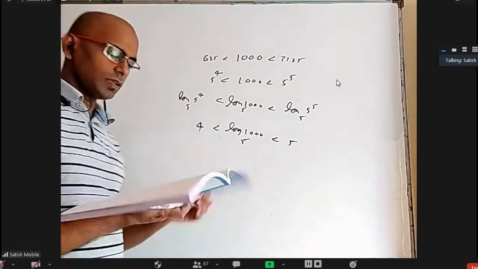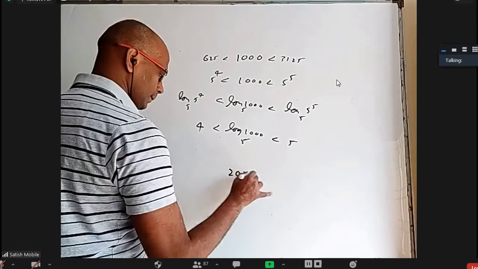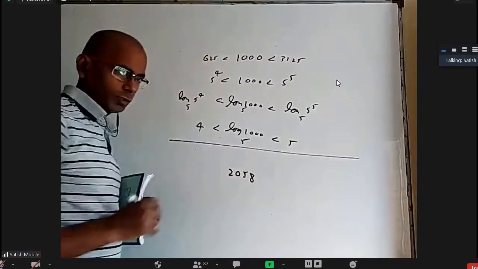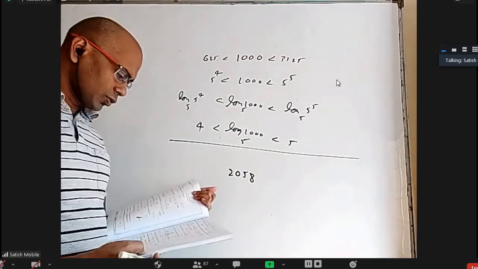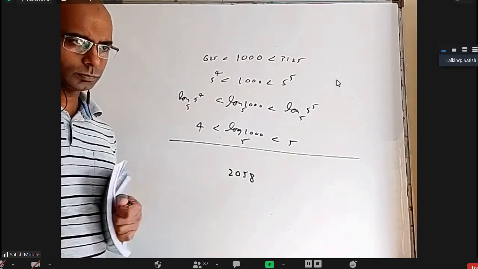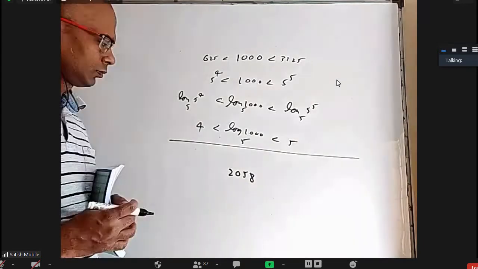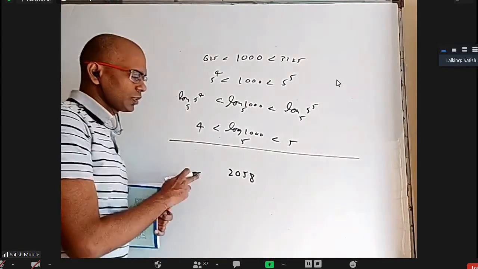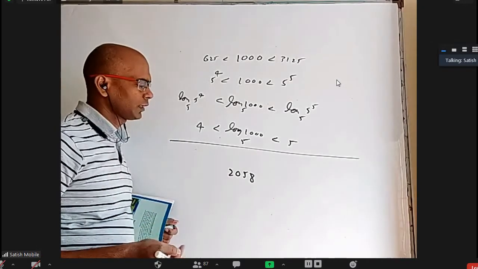But let us see the other one, 2058. That is between what and what? 7 power, how much is close to 2058? Anybody? This is also more than 4 and less than 5, is it? 7 square is 49. 49 into 49.